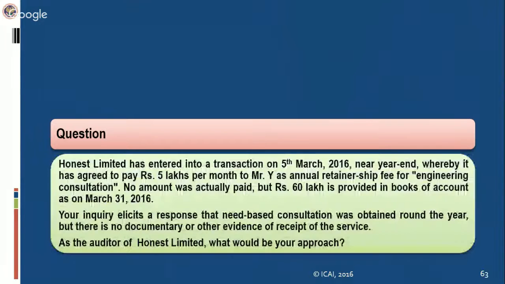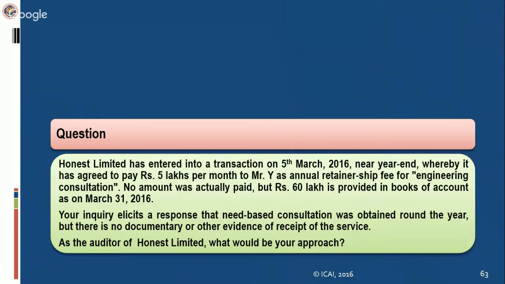Here is a question. Honest Limited has entered into a transaction on 5th of March 2016, which is obviously near year end, whereby it has agreed to pay rupees 5 lakh per month to Mr. Y as annual retainership fee for engineering consultation.